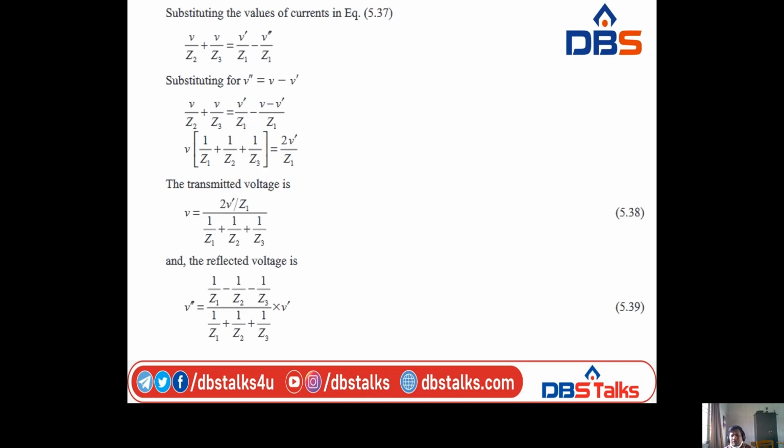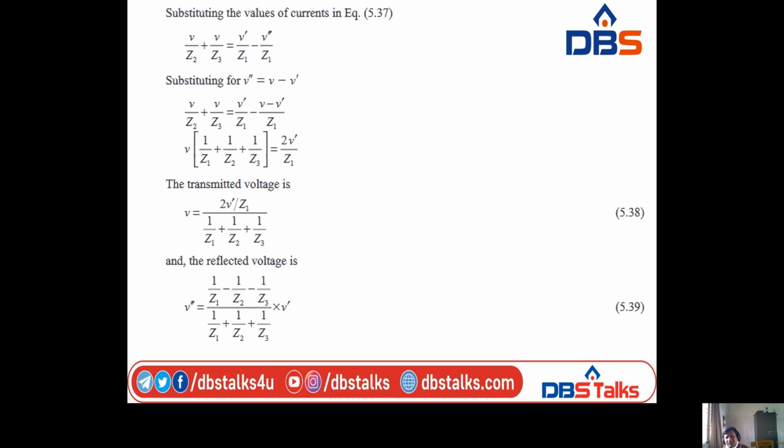Substitute all the values corresponding to I2, I3 and I dash and I double dash. V by Z2 plus V by Z3 is equal to V dash by Z1 minus V double dash by Z1. But we know that V is equal to V dash plus V double dash.